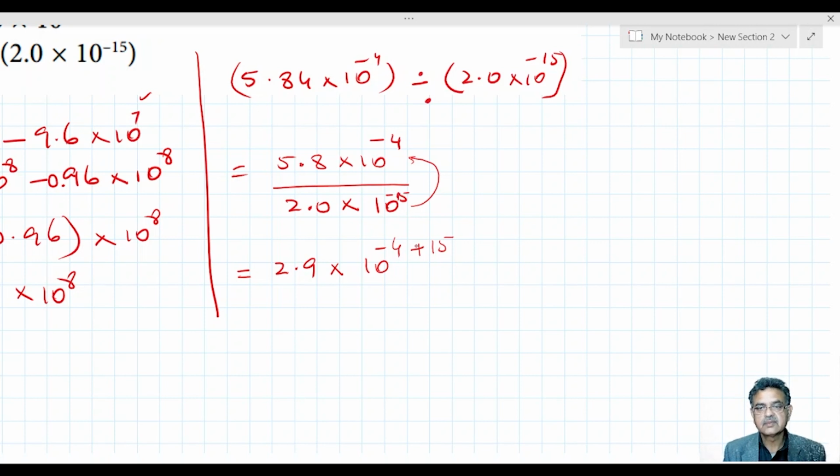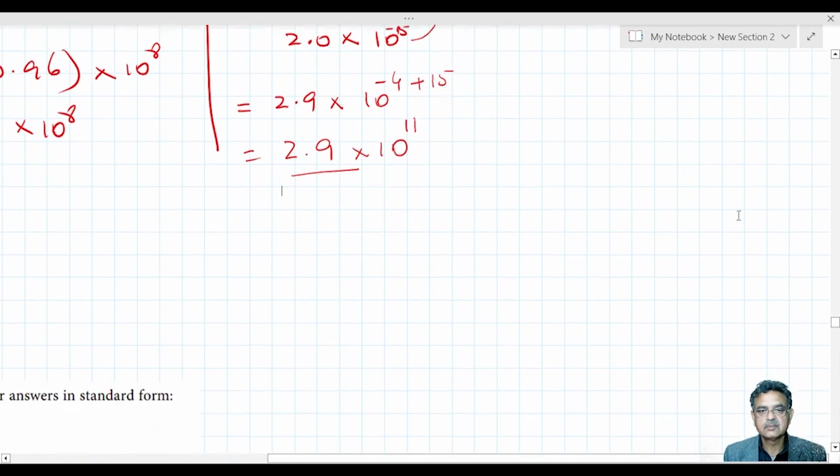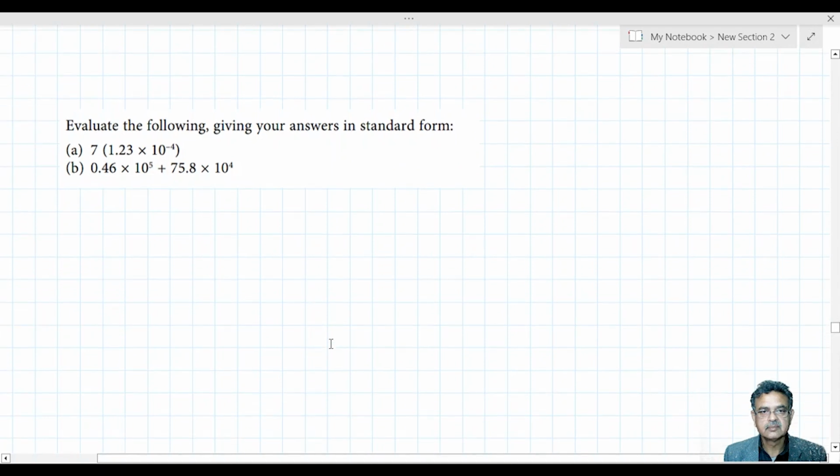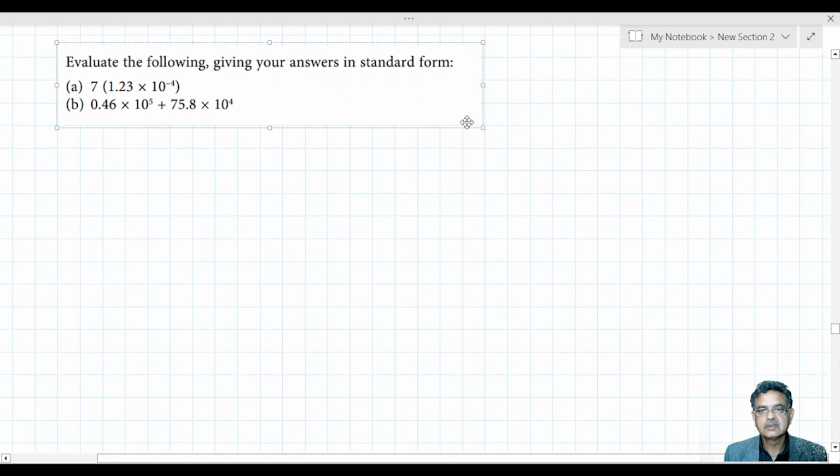It was negative 15, it will be positive 15 here. So 2.9 multiplied by 10 raised to the power 11. That will be its final answer in standard form. Okay, next question. This one.